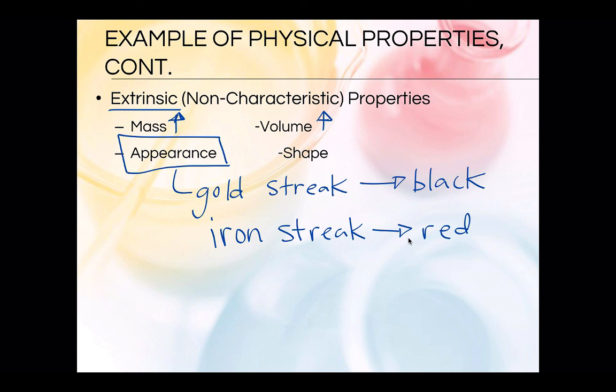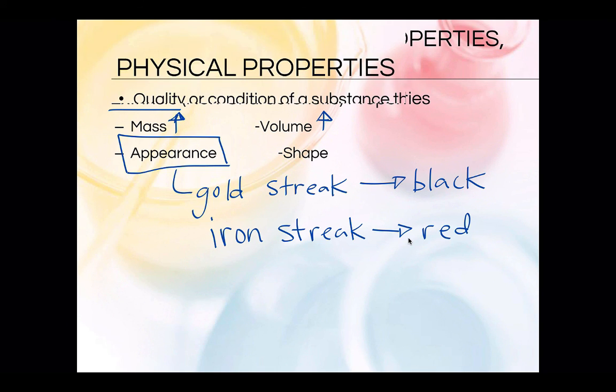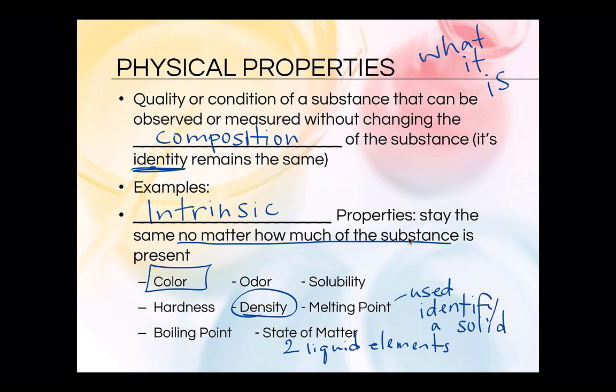But on a streak plate, it leaves a red mark behind because when you have a smaller quantity of it, its appearance is different. But its color isn't going to be different if we measure the exact wavelengths of light that those atoms produce when we add energy to them.